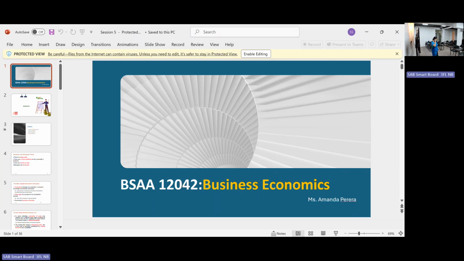So in perfect competition, how about the long run? Perfectly competitive firms make what type of profit in the long run? Normal profit in the long run.